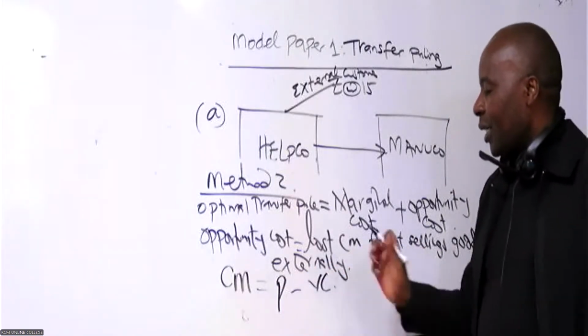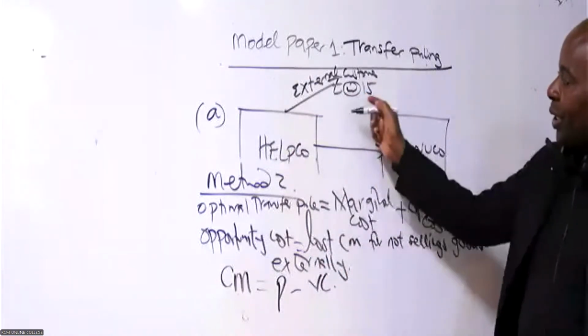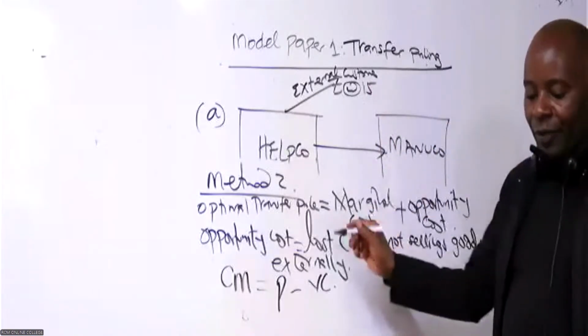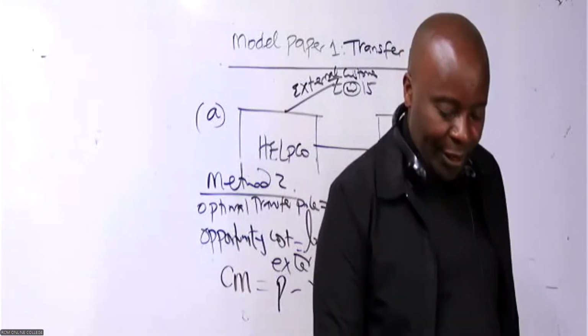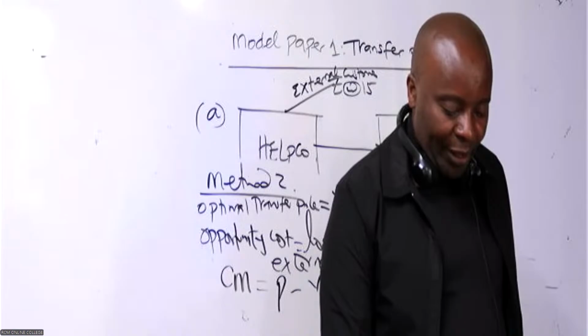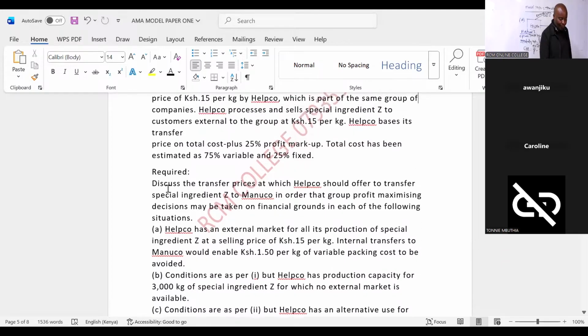Now, ladies and gentlemen, we know the price that the company is selling these goods at outside is 15, but we don't know the variable cost. And many students would not have gotten this variable cost, and yet it is given here very clearly. We are told that it bases its transfer price on total cost plus 25% profit markup.